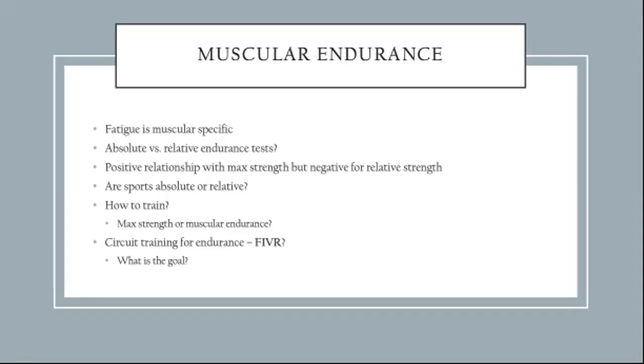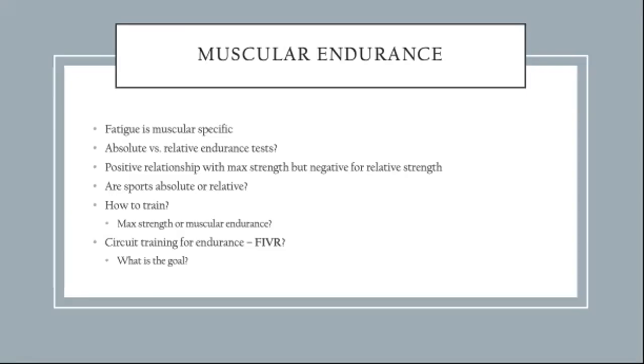On the other hand, relative strength appears to have a negative correlation with muscular endurance. So sport is absolute. It's not relative. We are not matched based on our strength.